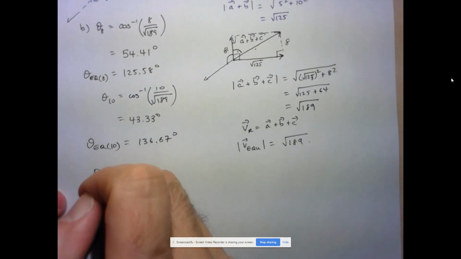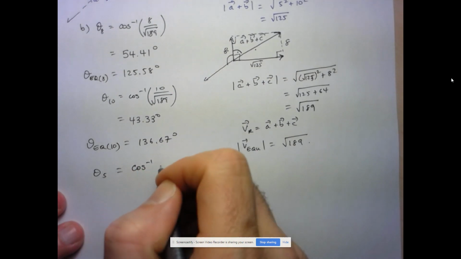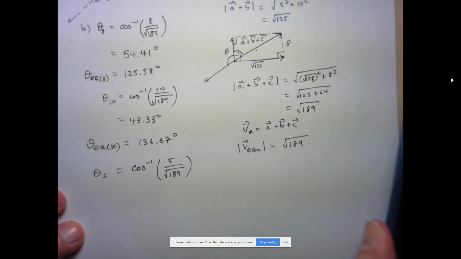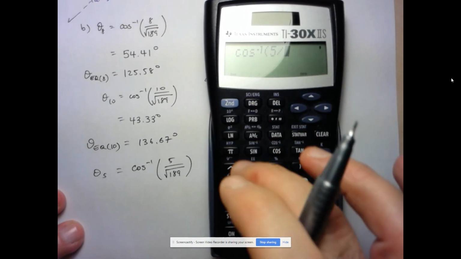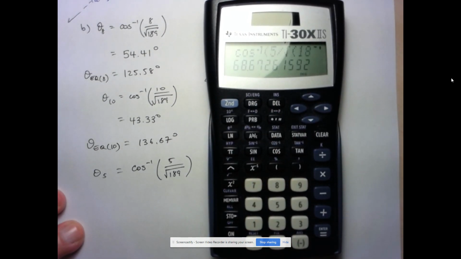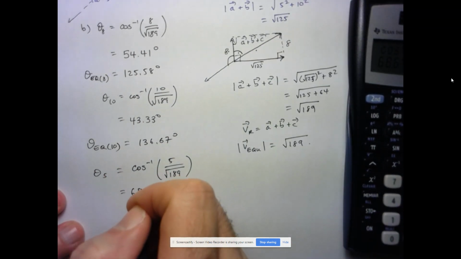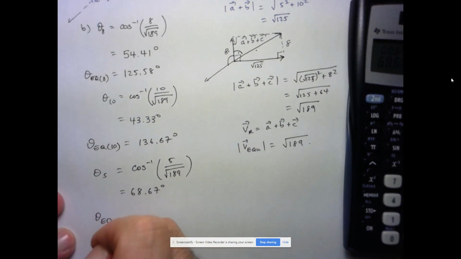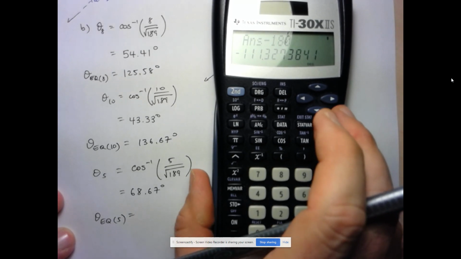Lastly, I'll calculate what I'll call theta 5, which is cos inverse of 5 over the square root of 189. Inverse cosine of 5 divided by the square root of 189 gives 68.67. And if I want the equilibrant of that one, I subtract from 180, and that's going to be 111.33.